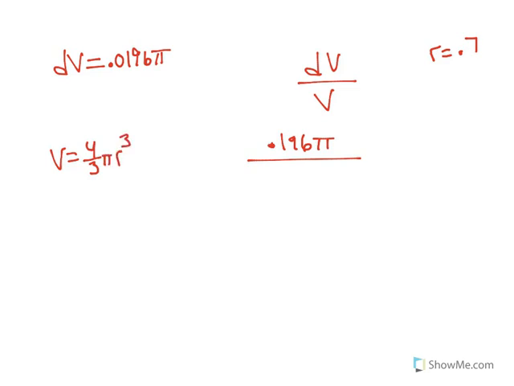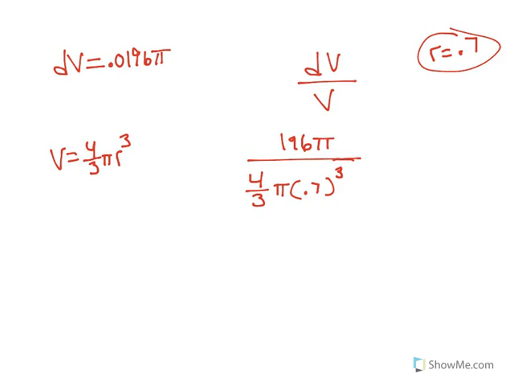So we put in 4/3 pi, what is r assumed to be? 0.7. So 0.7 cubed. And oops, I got a typo in the numerator, so it should be 0.0196, not 0.196. So let's fix that.